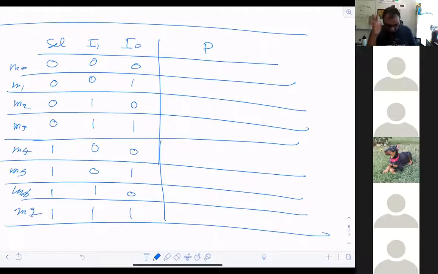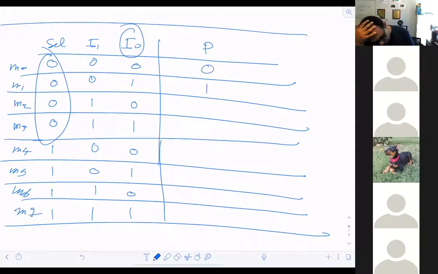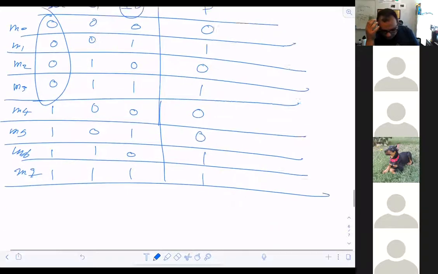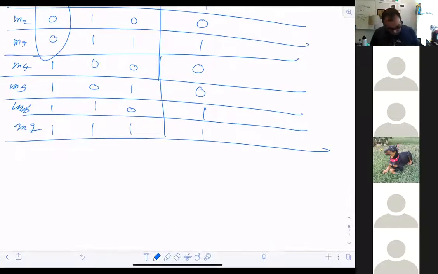You agree? Select equals 0. So no matter what, it's going to be I0, right? So it's going to be 0, 1, 0, 1. You agree? Select is equal 1. It's going to be whatever in I1. It's going to be 0, 0, 1, 1. Super good.